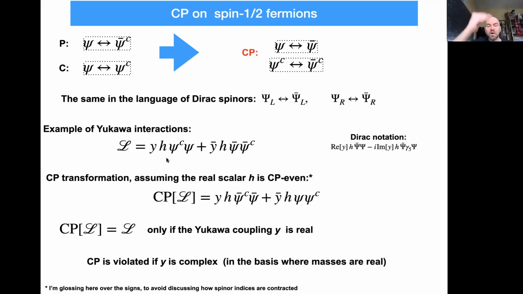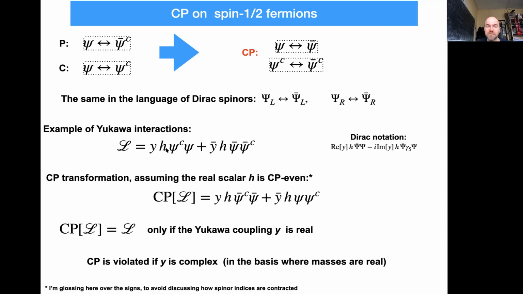And now, if we apply this operation and we replace psi and psi bar, what happens is that everything that didn't have a bar now has a bar, and what had a bar now doesn't have a bar. And you see that the Lagrangian and the action of CP on the Lagrangian are the same only if the Yukawa coupling is real.